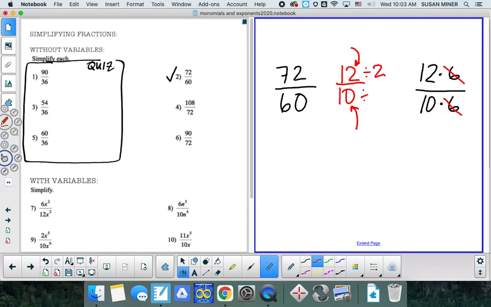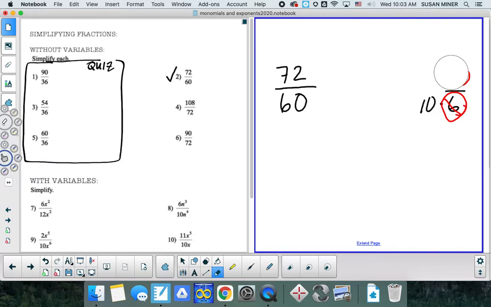So then I would just reduce again if I needed to, and I would end up with the same result, right? So even if I didn't find the largest common multiple to start with, I can still just reduce until I get the most simplified fraction, right? 6/5.